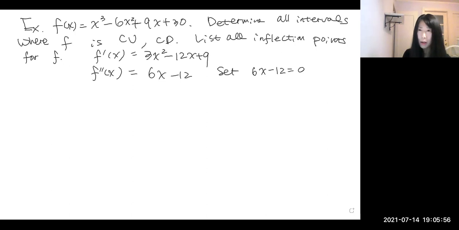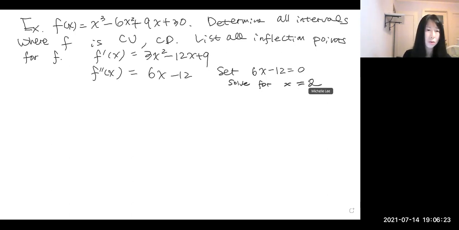But in this case we have just a polynomial, so there is no fraction and f double prime is never undefined. Then what is x in this case? 2.